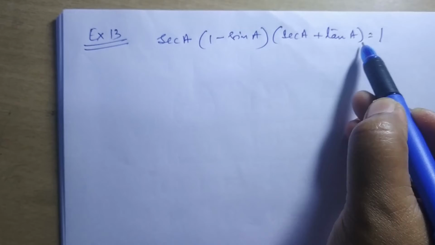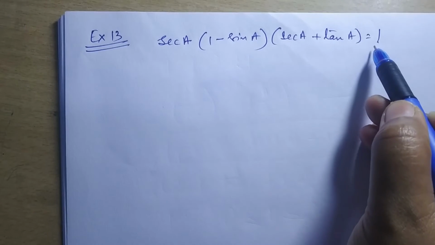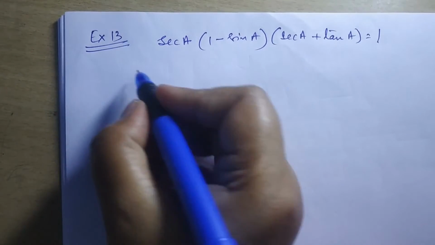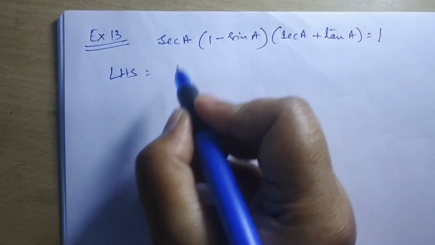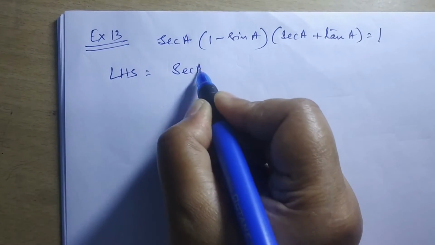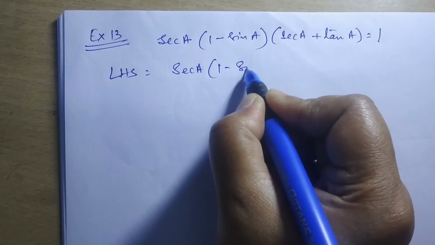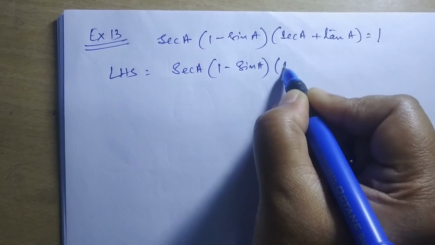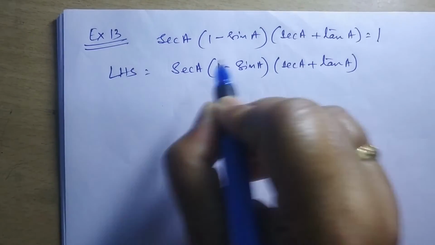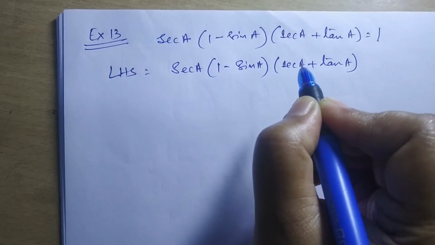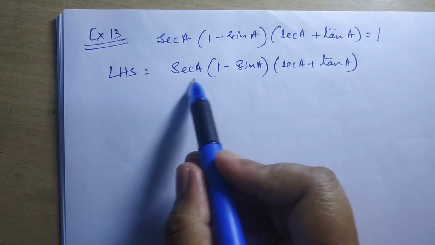You have to prove LHS is equal to RHS. So let me take the LHS first. This is the way you have to write: sec A into 1 minus sin A into sec A plus tan A. Fine? Okay. Now I will change this.